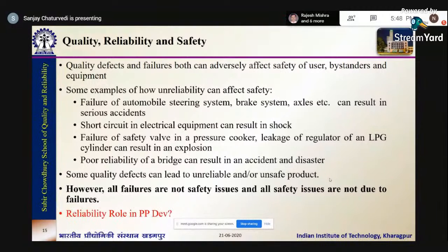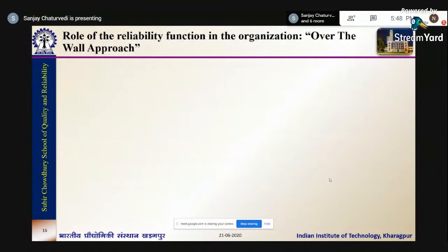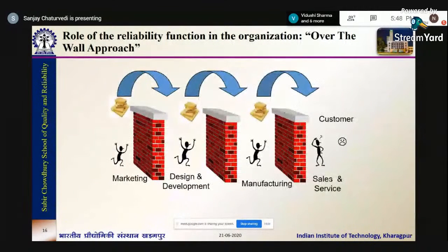Reliability's role in product development. Just see this figure. During the product development cycle, there are marketing surveys, then design and development starts, and design and development has several stages.